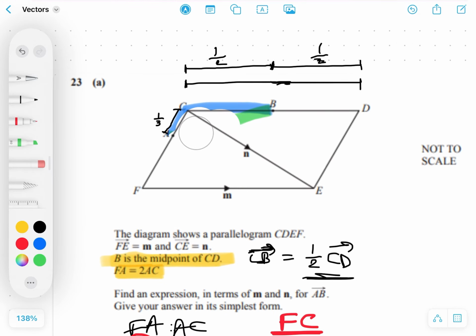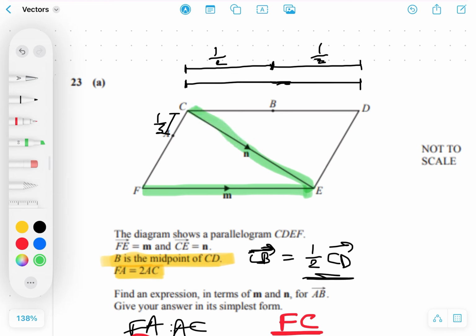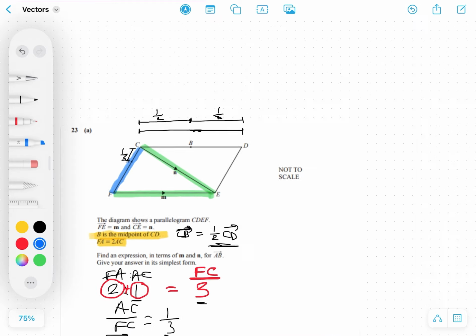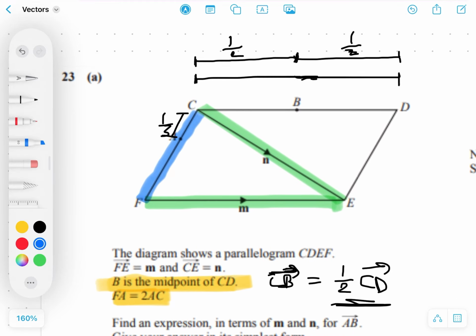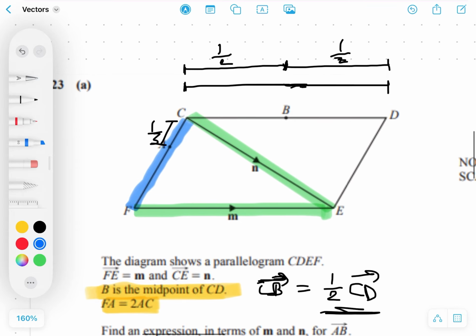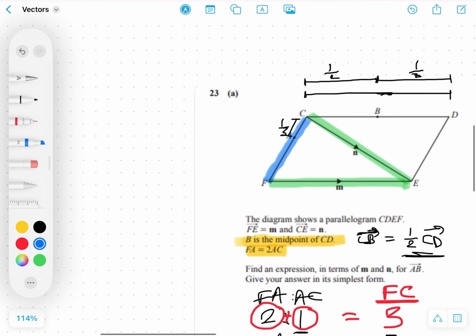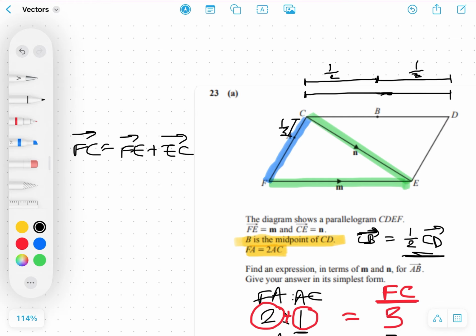So FC, the way we want to get from F to C is first by going from F to E, and then going from E to C. And that's equivalent to traveling F to C. That is the vector F to C, because that's how you reach C from F. So therefore, FC is equal to FE plus EC.